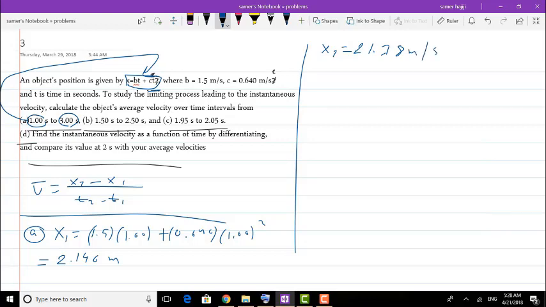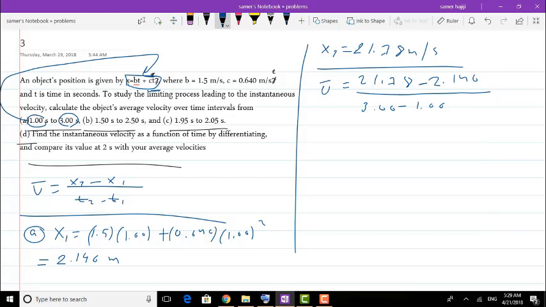21.78 meters. And calculating the average velocity, V average is equal to 21.78 minus 2.14, divided by 3 minus 1, and this is equal to 9.82 meters per second.